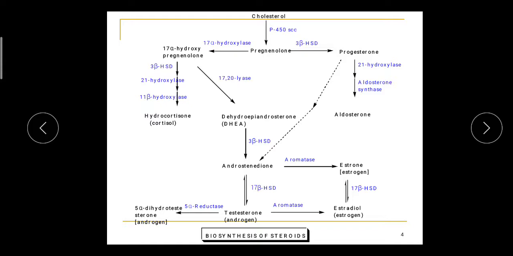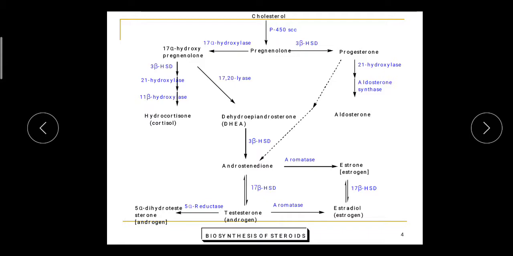The synthesis of the steroidal hormones starts from cholesterol. The cholesterol is biosynthesized in the body, or it can be taken from the diet.